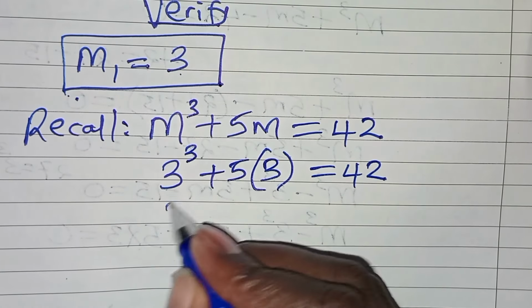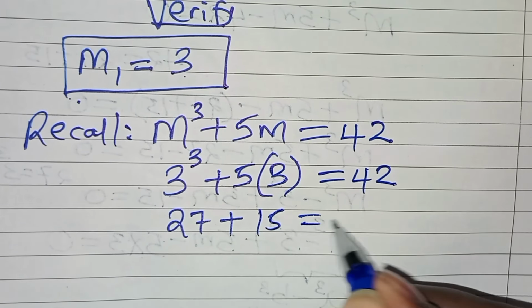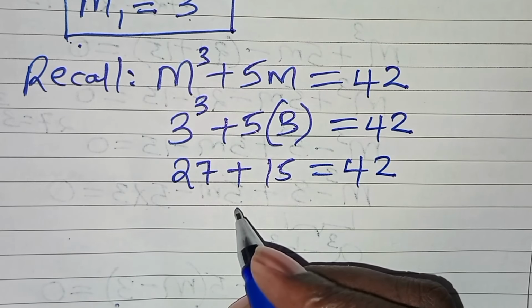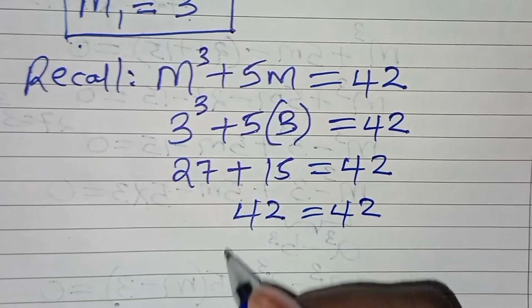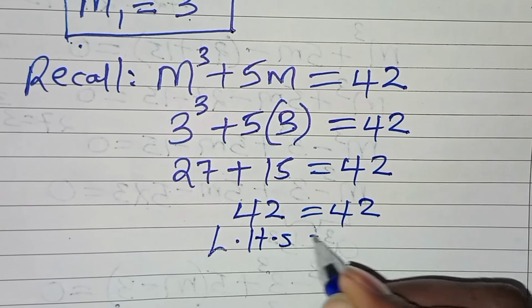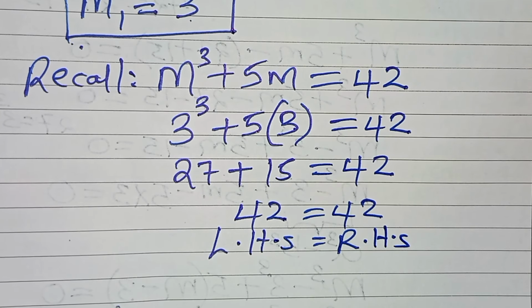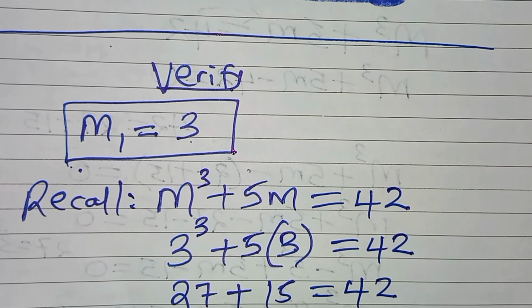Here, 3 to power 3 is 27, plus 5 times 3, which is 15. So 27 plus 15 is actually 42. And that means that the left-hand side is equal to the right-hand side, and that affirms that m1 actually satisfies the equation.